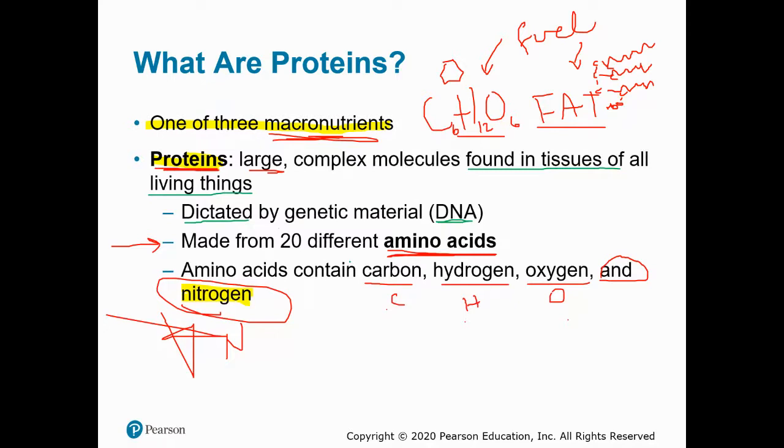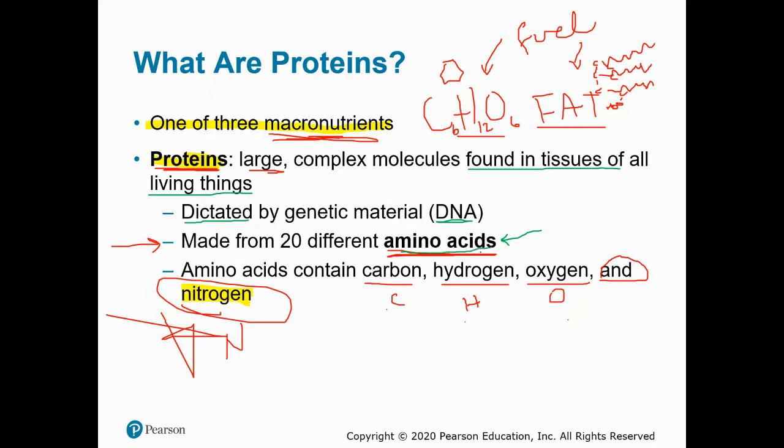When we ingest proteins, when we eat proteins from our food, we break them down to their amino acids, but we don't use the amino acids in the same way that we use glucose or fructose, or the same way that we use the fatty acid chains or cholesterol backbone.